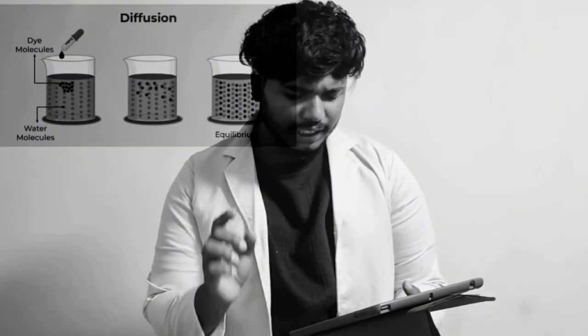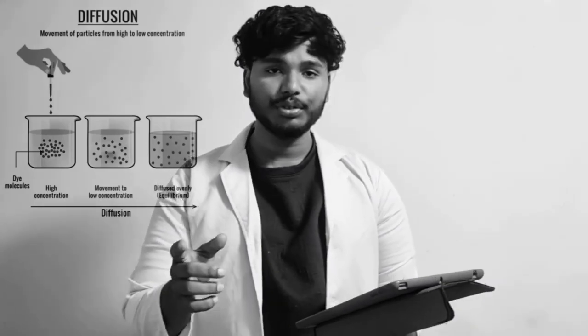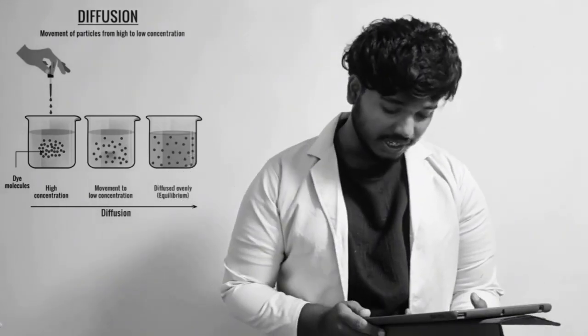Second, diffusion and mobility of ions. Diffusion is the spontaneous movement of particles from a region of higher concentration to a region of lower concentration. In the context of these excitable membranes, the diffusion of ions plays a crucial role in establishing and maintaining the electrical potential across the membrane.